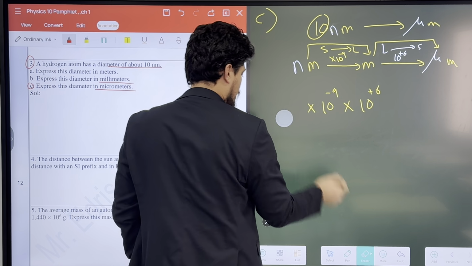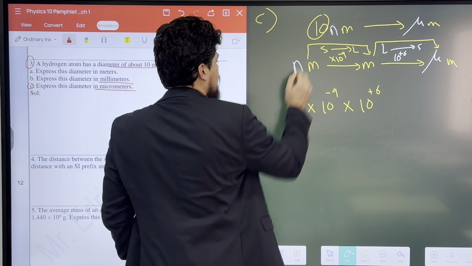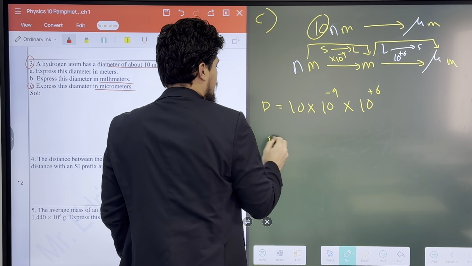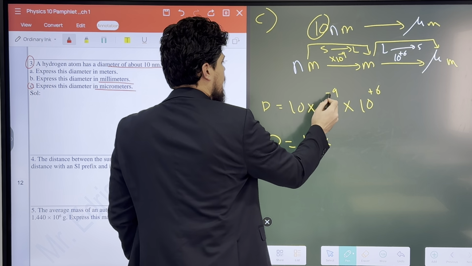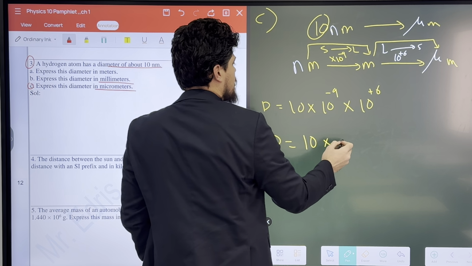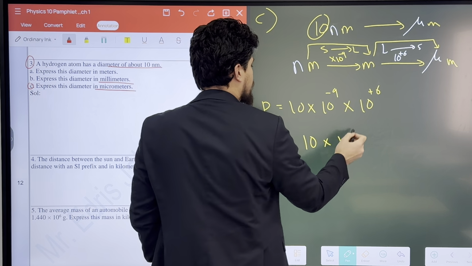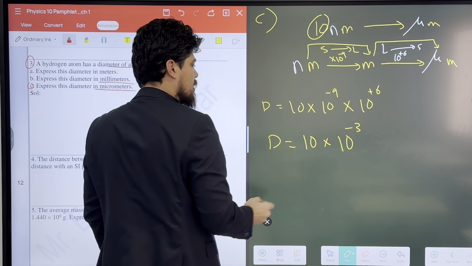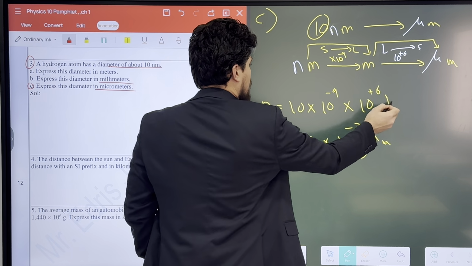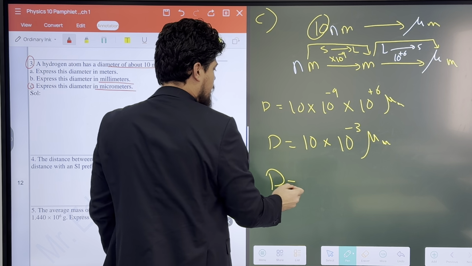Once again, look. Bring down the 10. This is the diameter, okay? Diameter is equal to 10 times negative 9 plus positive 6. It's going to be what? Because different sign, 10 power negative 3 micrometer. Okay? So we can simplify this number.